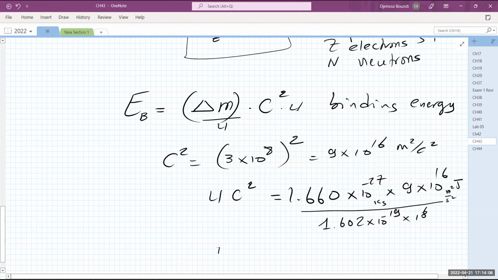So in other words, I want to find what this number is in megajoules. Okay, so that's really the whole point of this exercise in here. 10 to the power 6 and 10 to the power 16 is 10 to the power 10. 10 to the power negative 19 and 10 to the power negative 27. That's 10 to the negative, what is it, 8?